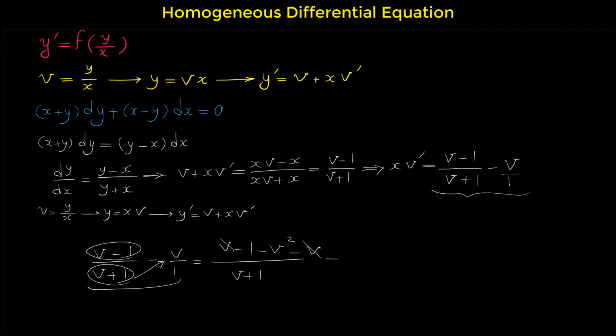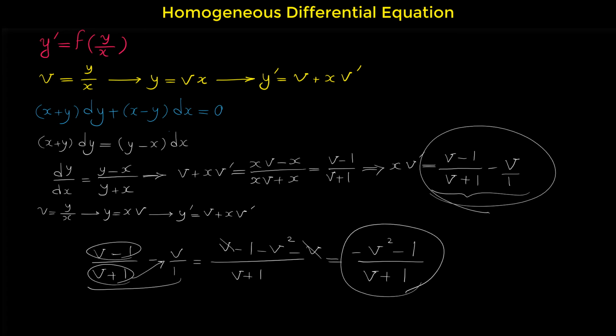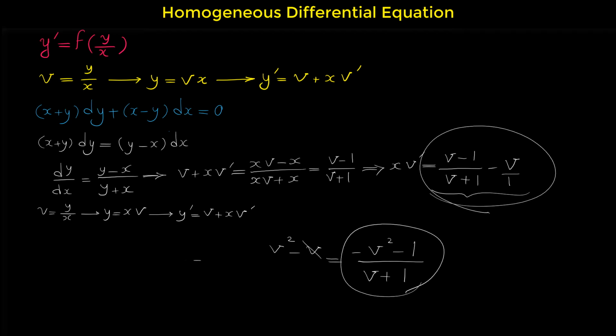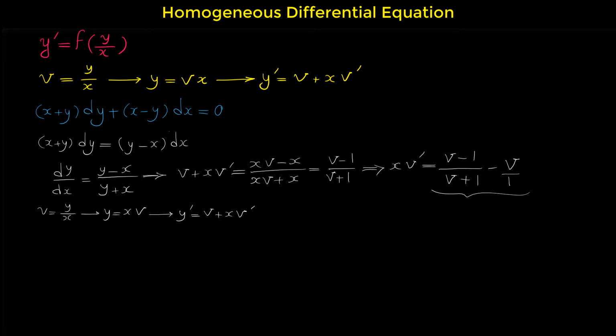This v and this v cancel each other, so finally we have negative v squared minus 1 in the numerator and v plus 1 in the denominator. So after simplifying this, we get to this expression, negative v squared minus 1 over v plus 1. So we have x v prime equals negative v squared minus 1 over v plus 1.